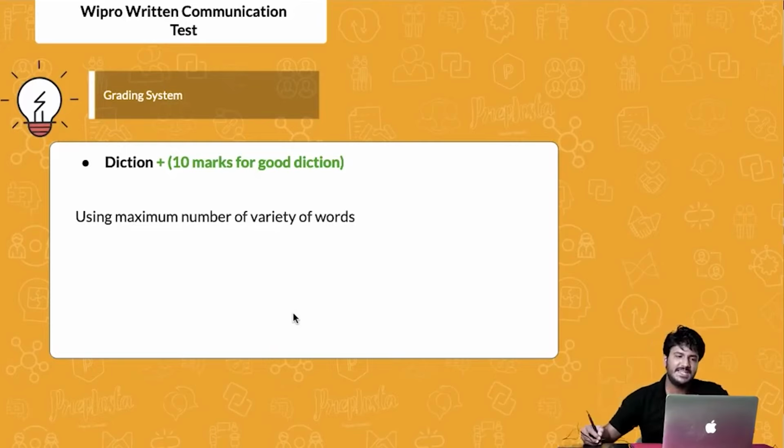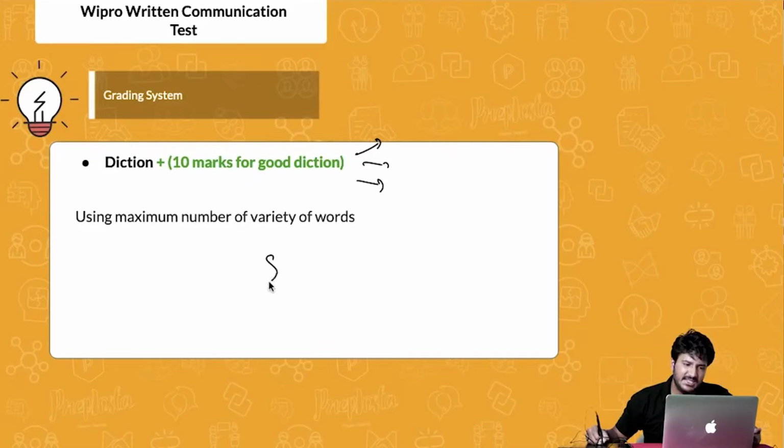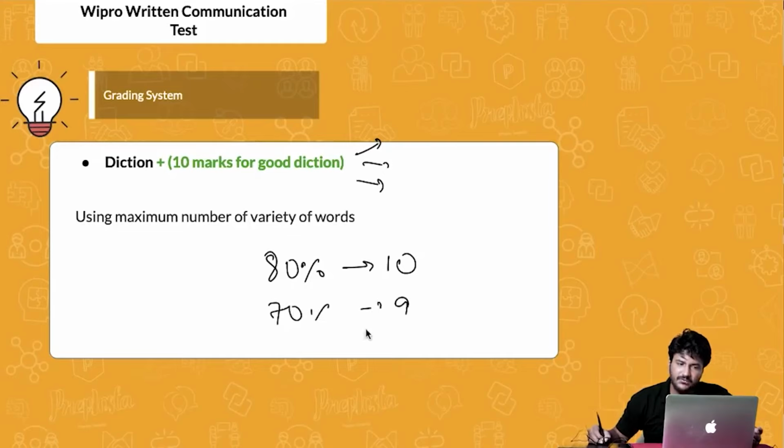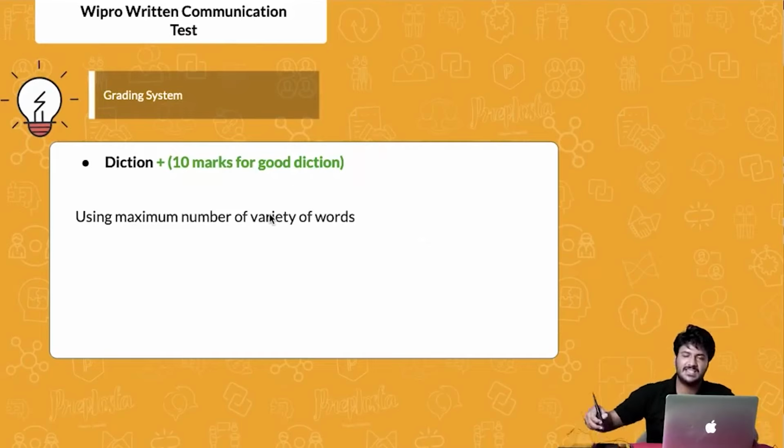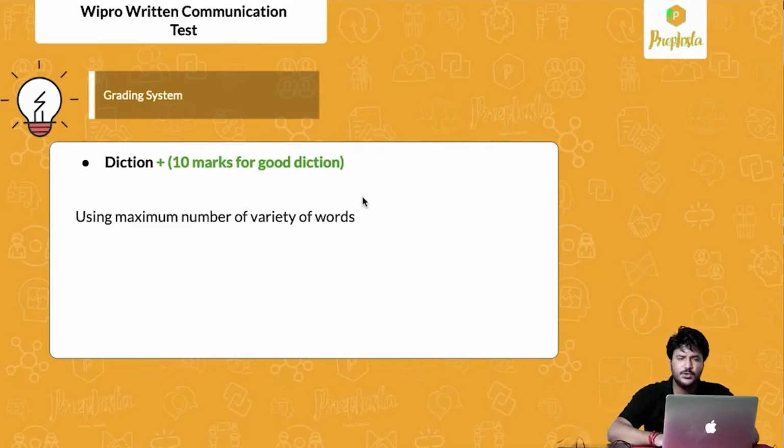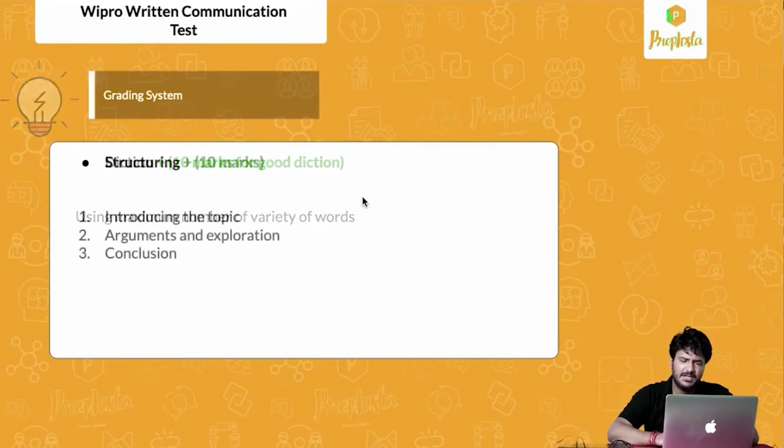So diction is 10 marks, and we do not exactly know, for example, what the density of diction is, let's say, 80%. I am not sure if 80% is given 10 marks and 70% is given 9 marks. We do not know exactly in detail, but at least we know diction is 10 marks, right? So the takeaway is to use a variety of words, but using fancy words is not important. You can use them because that is variety, but it's not the parameter that they are judging you for.